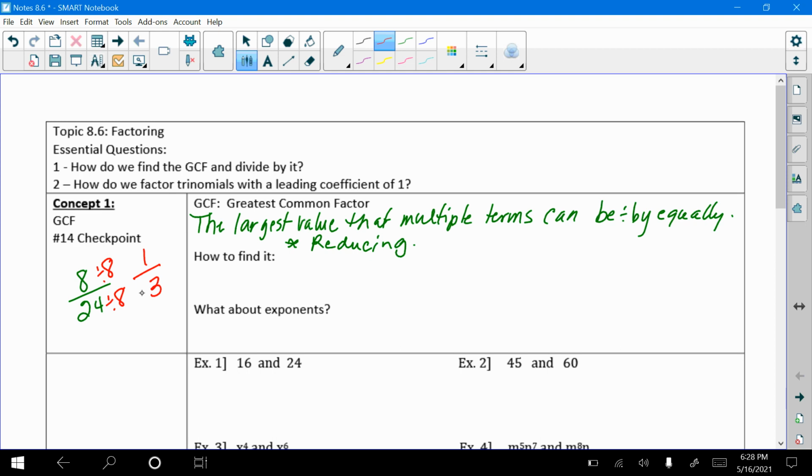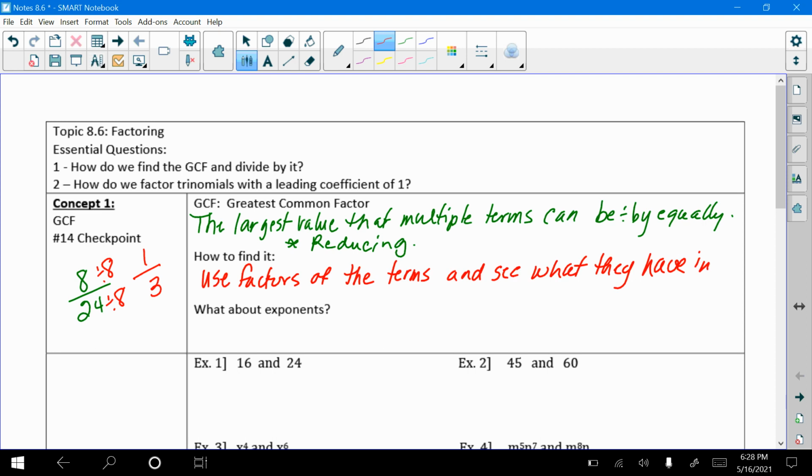So how do we find that though? If I have terms, I'm going to use factors of the terms and see what they have in common, and then I multiply those back together.